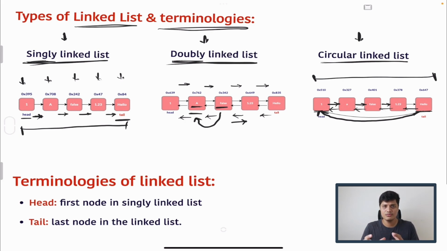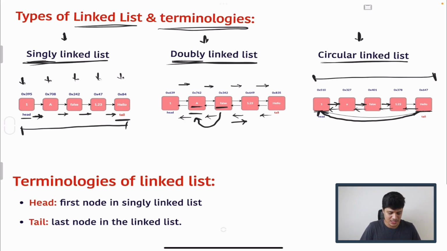Okay, so that is something you need to remember. Based on the linked list we use for implementing the circular linked list, it can be a circular singly linked list or a circular doubly linked list. Okay, so those are the different types of linked lists that are possible.